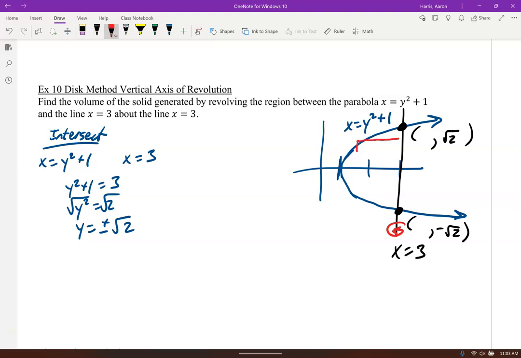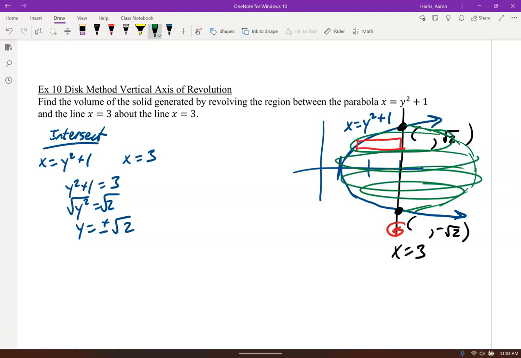So here's our rectangle that we're spinning. If you can imagine, that's spun. All these are spun. That's what we're doing right there.